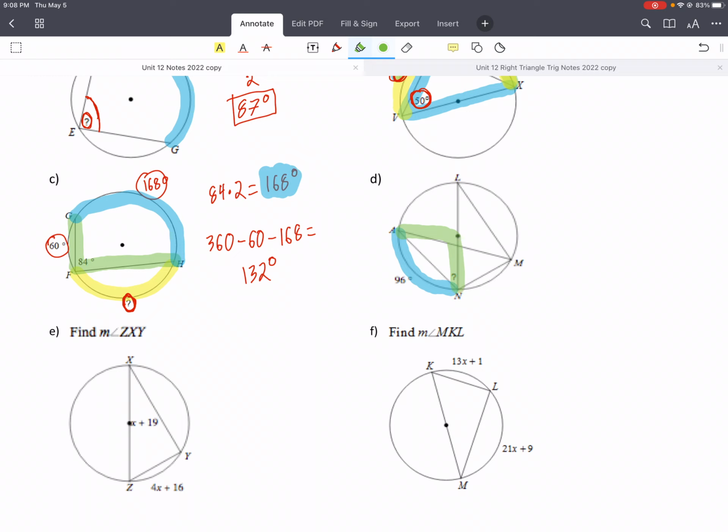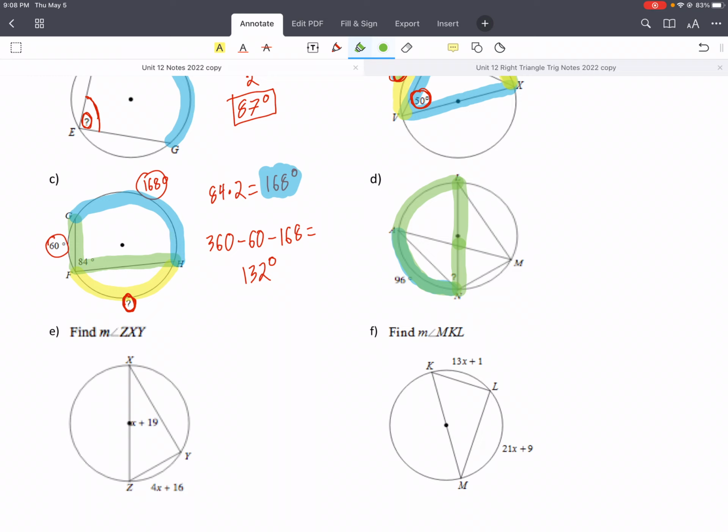But maybe that doesn't even matter, because that blue arc forms part of the semicircle formed by that green diameter.